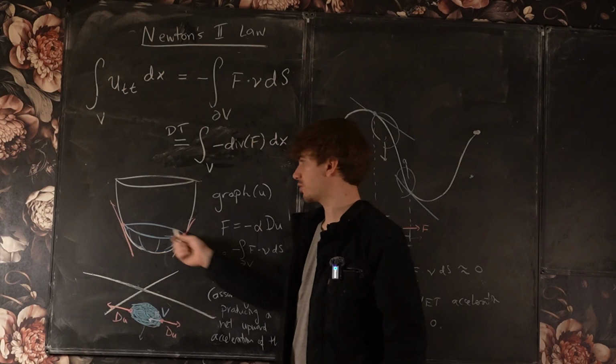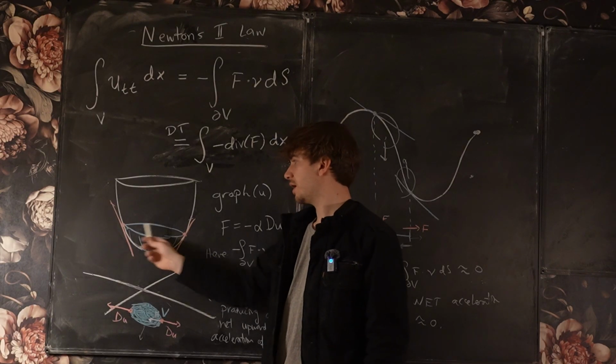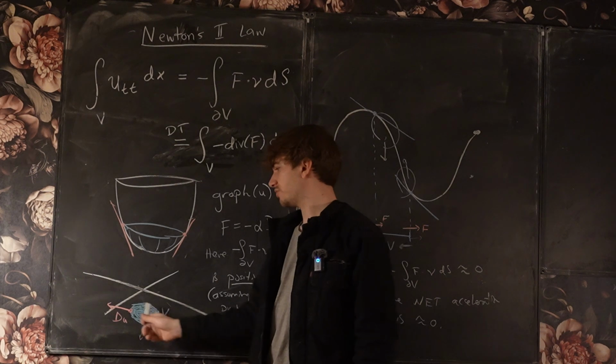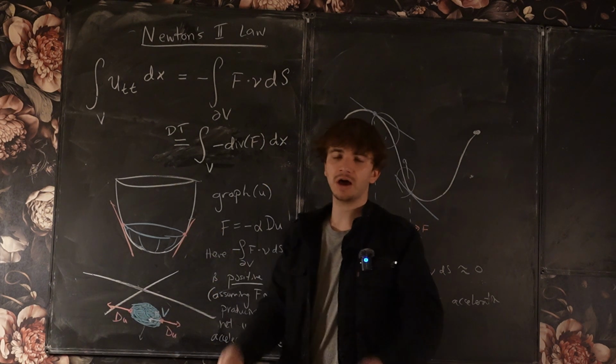This example is more obvious because it's very uniform around the boundary. All the gradients are pointed outside the boundary, so all the forces are pointing in, and that's causing a net upward acceleration.